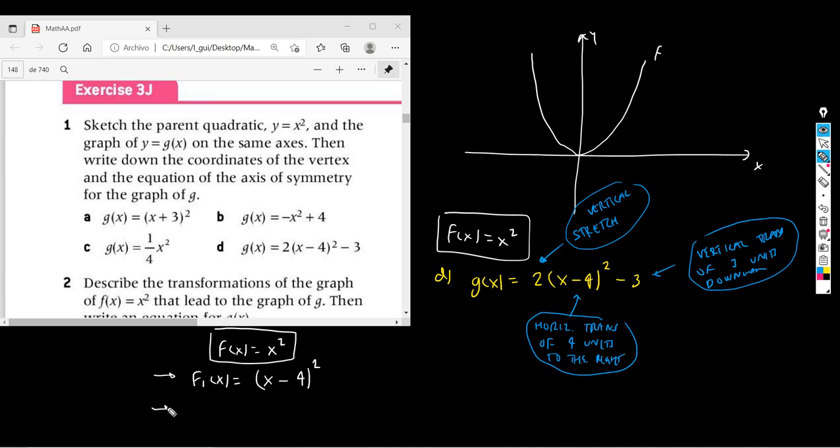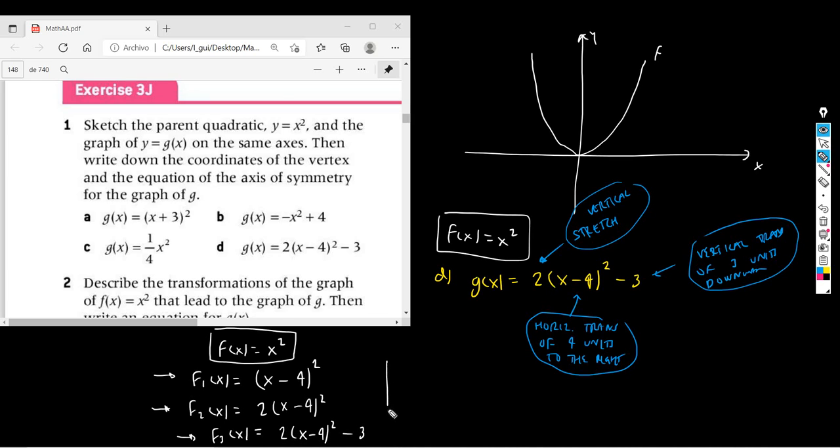And then the second transformation should be the vertical stretch. So you take all of this and you multiply by 2. And finally, the third transformation should be the vertical translation of 3 units downwards. So you take all of this as the current function, and at the very end you subtract 3 units. As you can see, if we follow these steps one after the other, we reach this one.